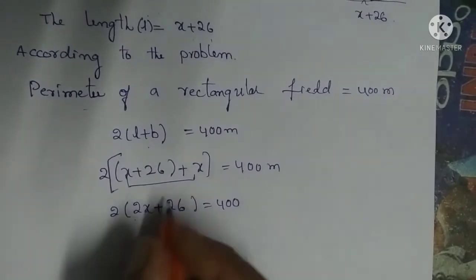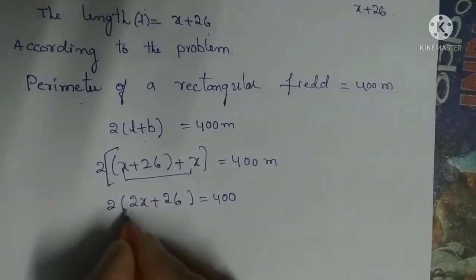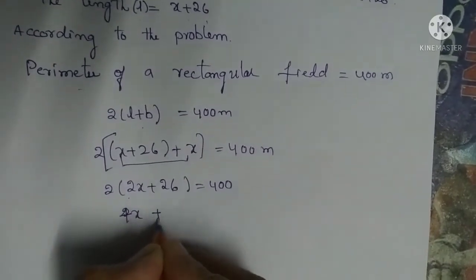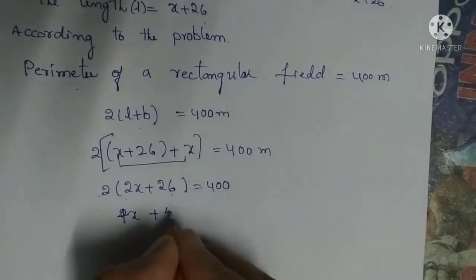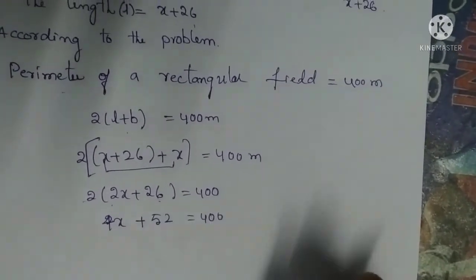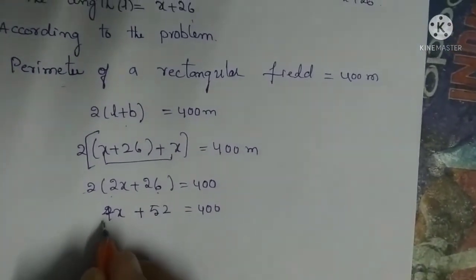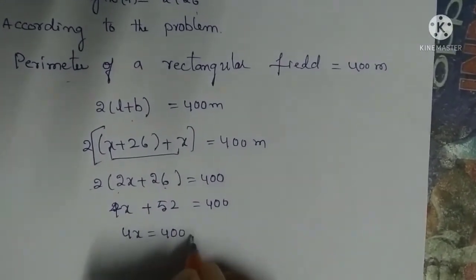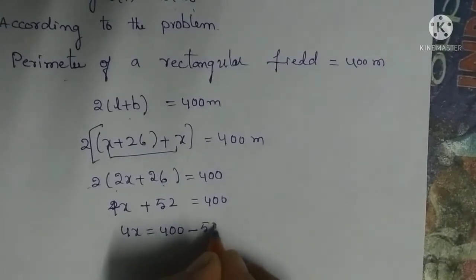Here, 2 into 2x, 2 twos are 4x, plus 26, 2 twos are 52, is equal to 400. So here 4x is equal to 400 minus 52.